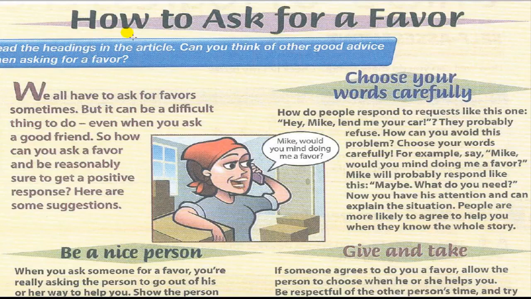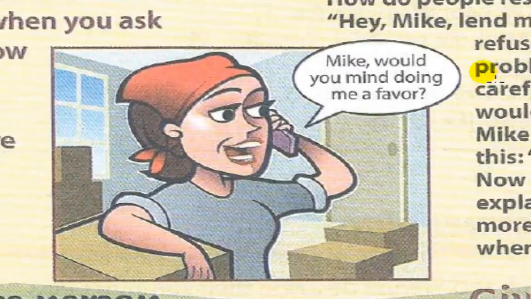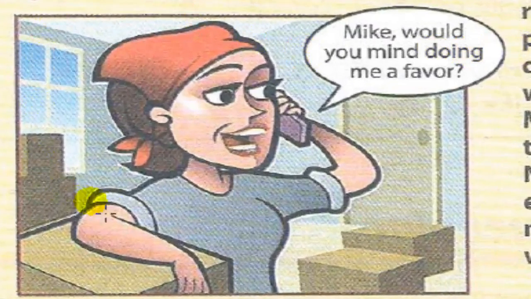Exercise number 12. Reading. How to ask for a favor. Here, let's read this passage. Look at the picture. What do you see? A young lady, she's talking on the phone, on her cell phone, her mobile. Mike, would you mind doing me a favor?